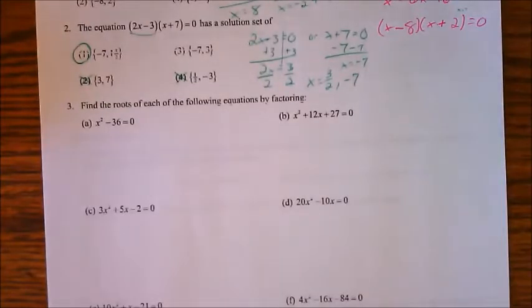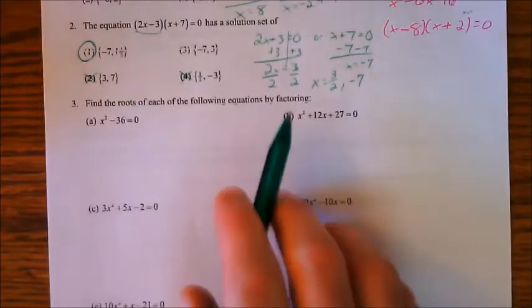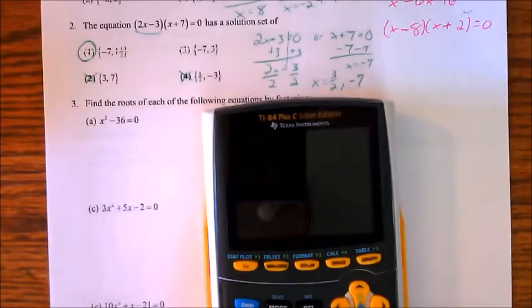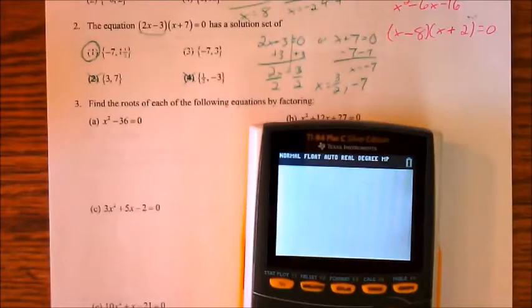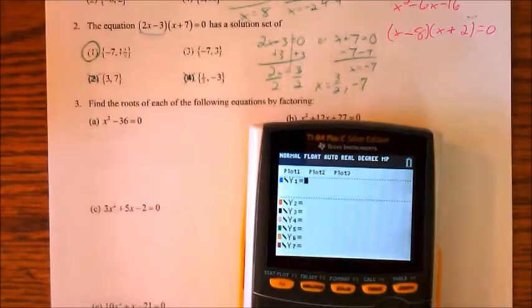If you go to y equals, and you type in x squared minus 36, you could look at the graph, but what you're looking for is the table, where the y value is 0, or what x value it is when y is 0.